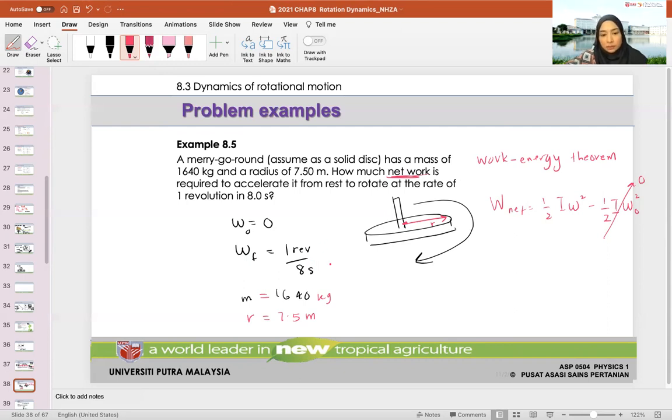So how do we change this one? What do we times it with? 2 pi rad over 1 revolution. Okay. So 1/2 I. Okay, we still don't know what our I is. So let's see what our I is.